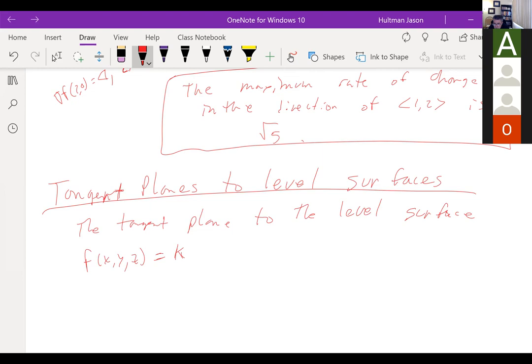If you want an extra variable there, you could say it's w equals k. But these are level surfaces. It's really hard to visualize the fourth dimension, but whatever.